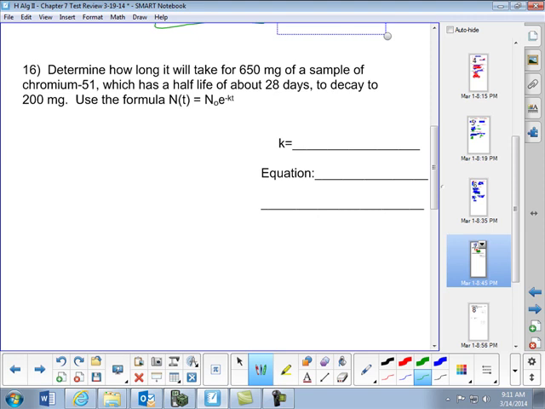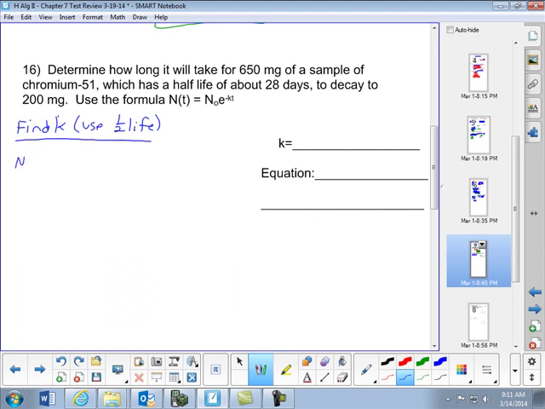Okay, so I need these 3 things. I need k, I need your equation, and I need your answer. So remember, the first thing we have to do is find k. And remember, to find k, you use the half-life. So we're going to use the half-life to find the value of k.